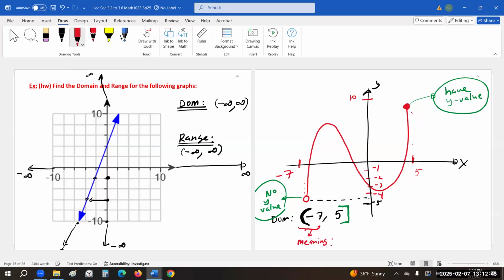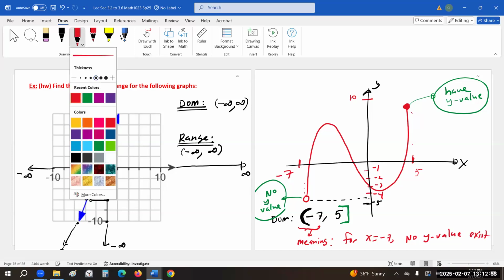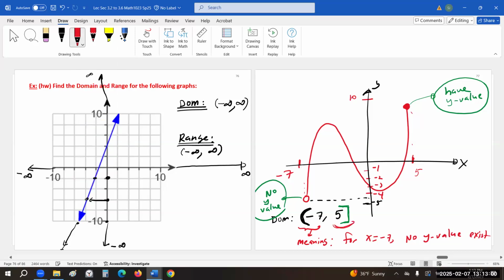Meaning for x equals -7, no y value exists. And bracket means when x is 5, y does exist. Now we found our domain.